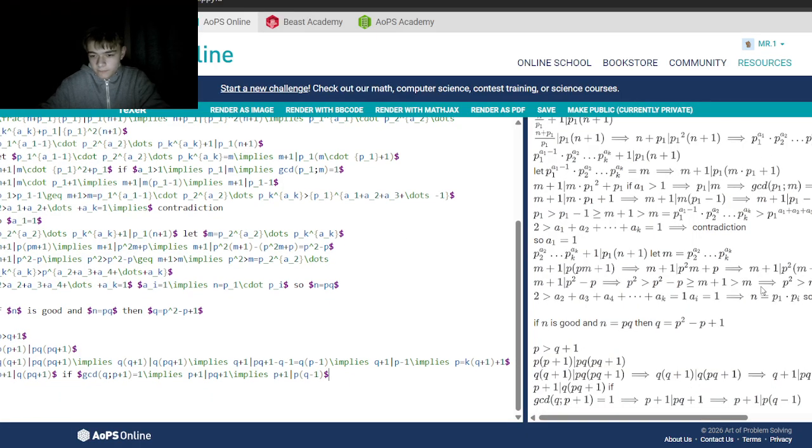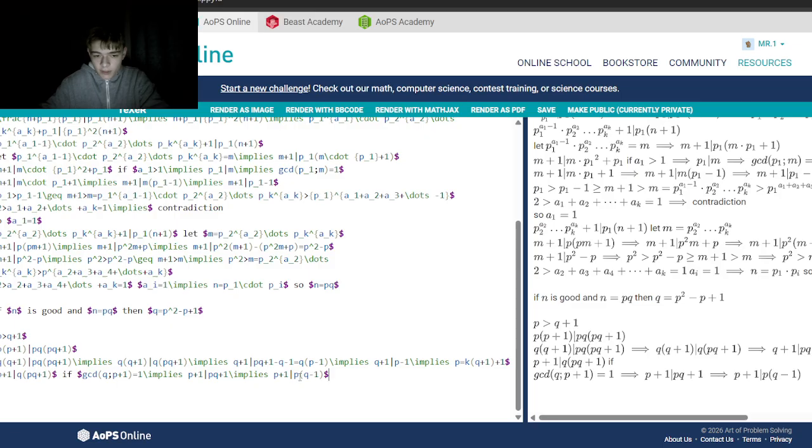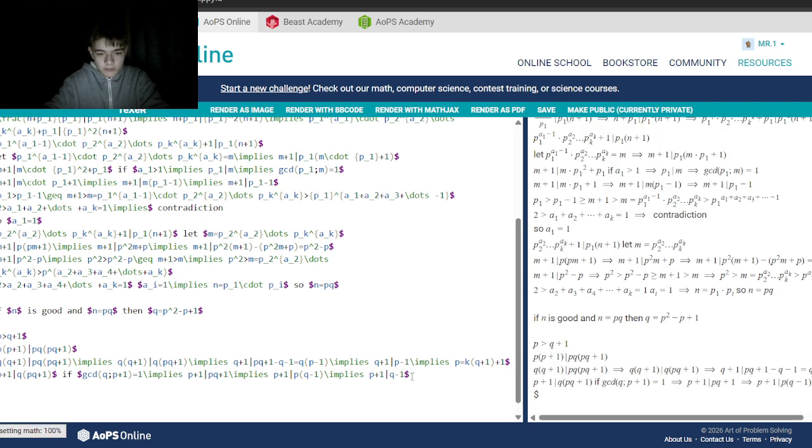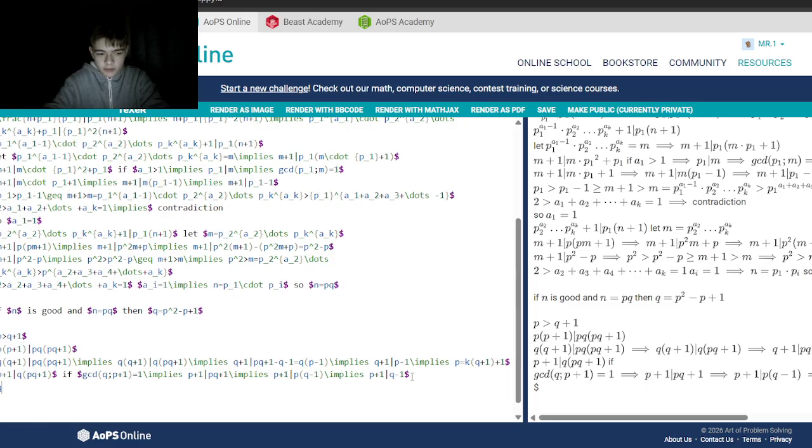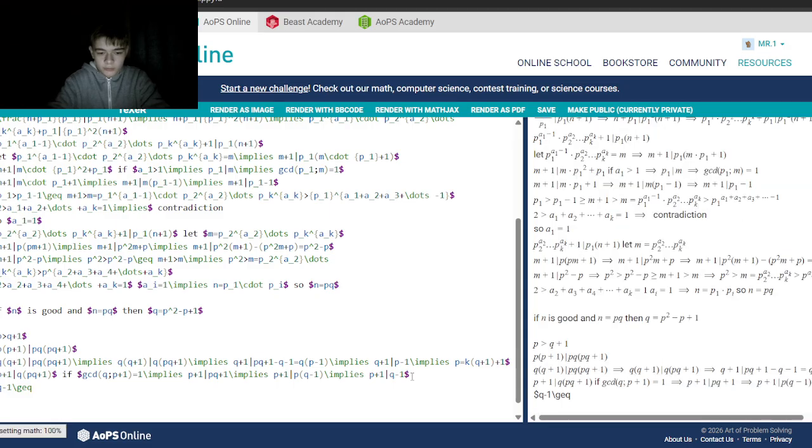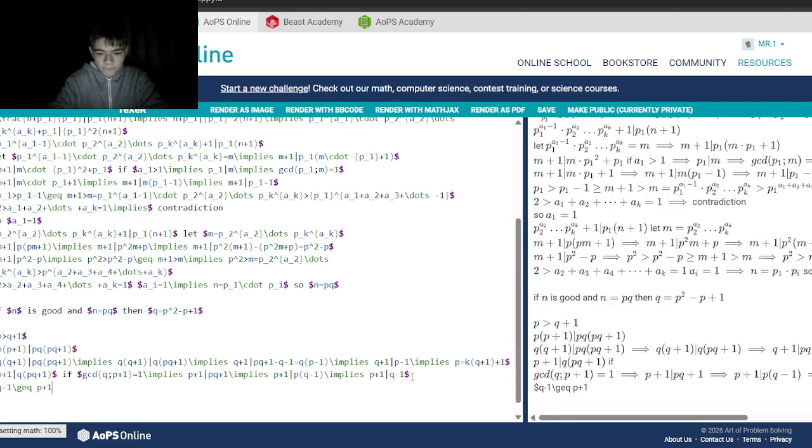And since p and p plus 1 are coprime numbers, this once again implies that p plus 1 divides q minus 1. And what this means is that q minus 1 is greater than or equal to p plus 1.